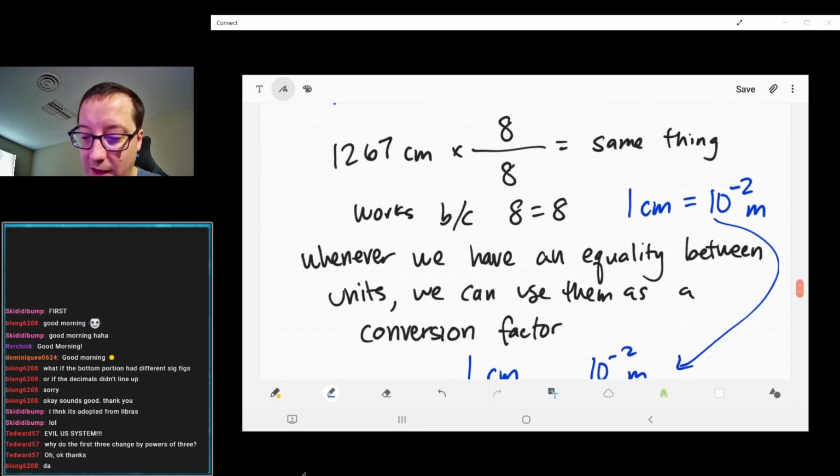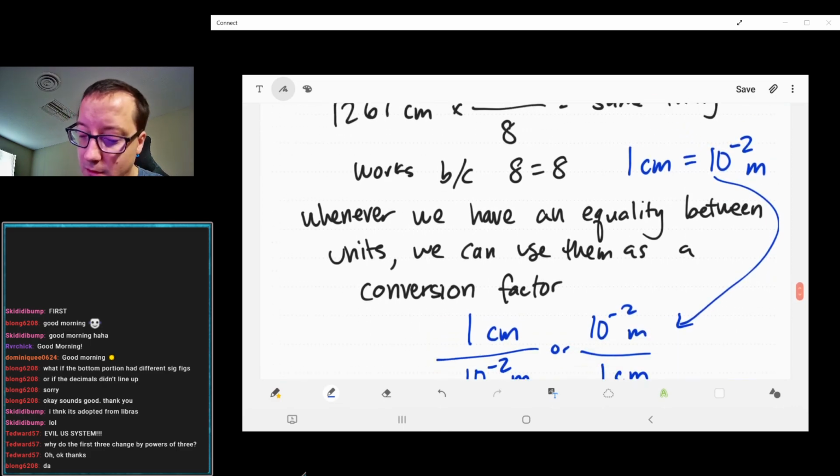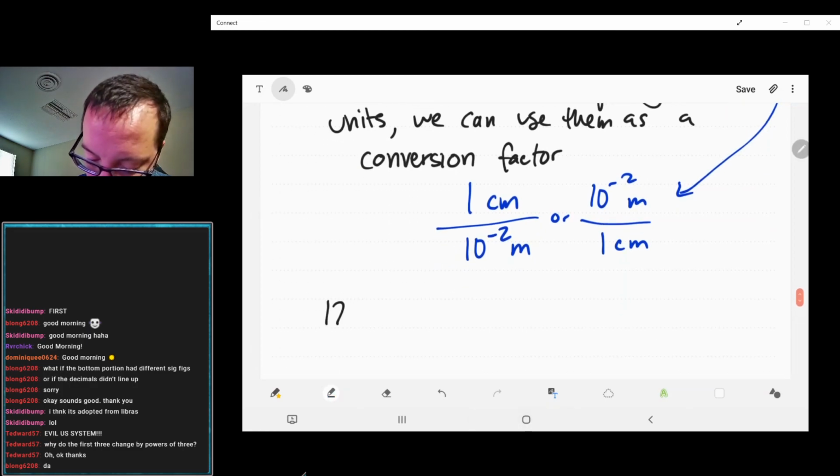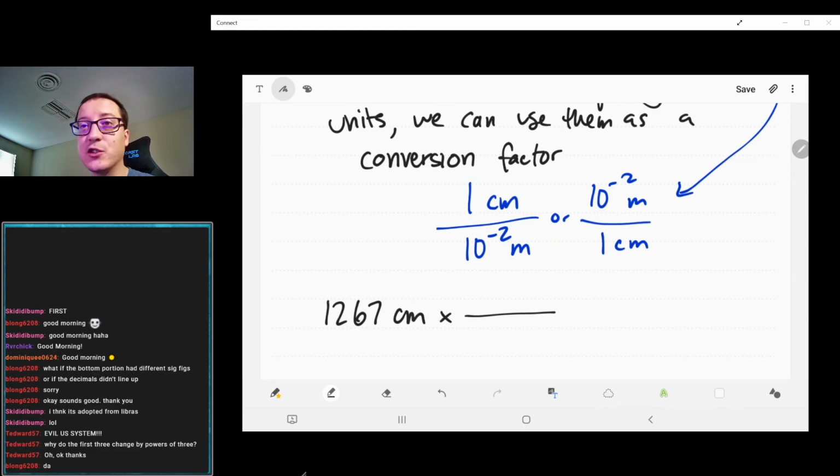So let's go ahead and take our original number, that 1,267 centimeters, and let's try multiplying it by one of these fractions. We can choose either one. Let's choose the first one. Why not? Let's try this out.